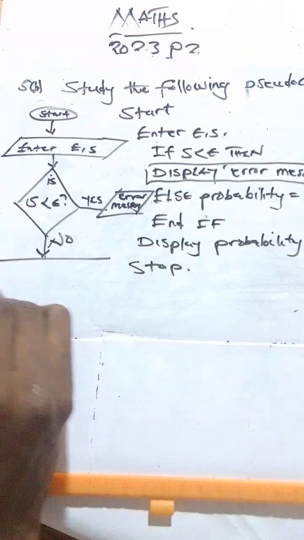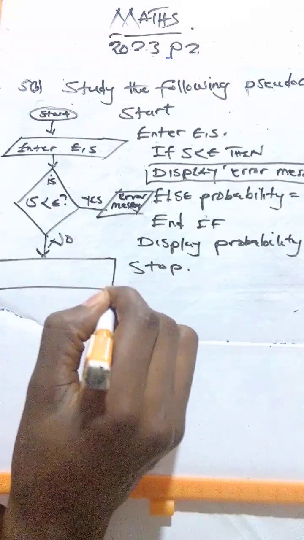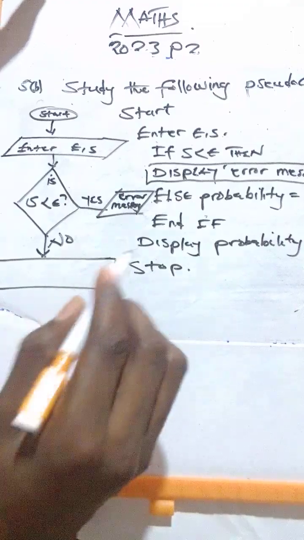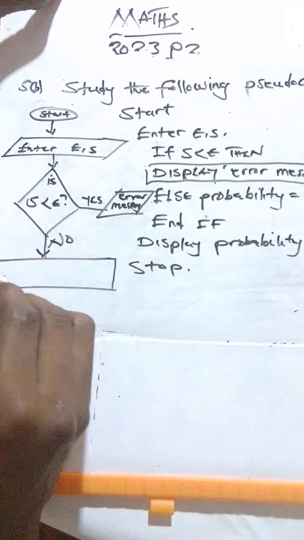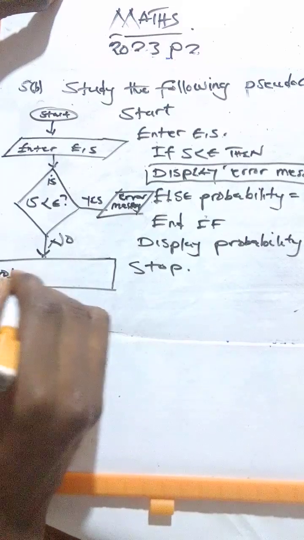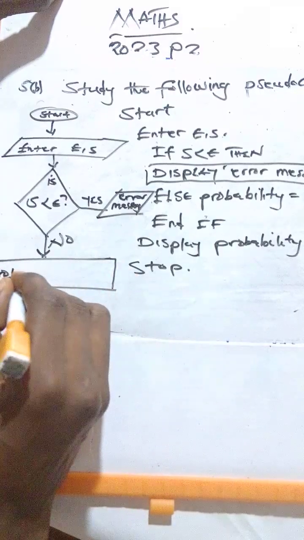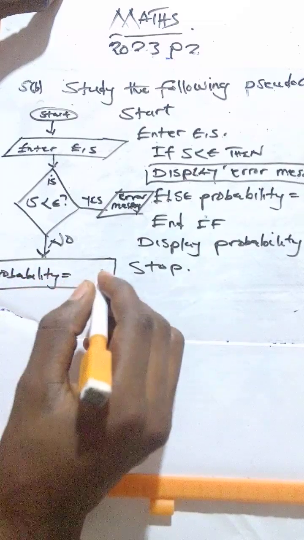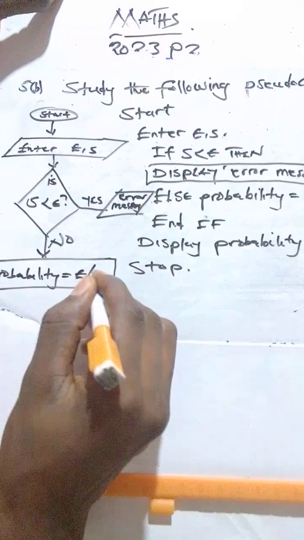So I'm going to draw your rectangle in this manner. Then you say else, no. Probability, now in fact probability is equal to E over S.